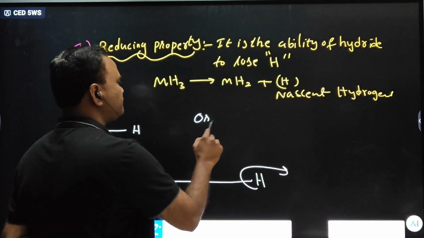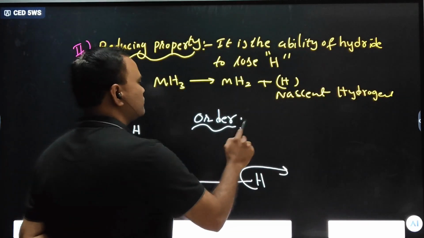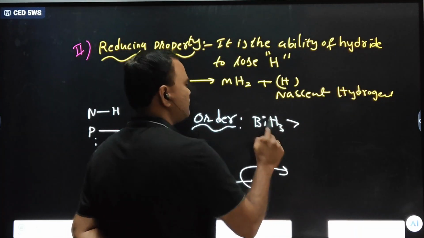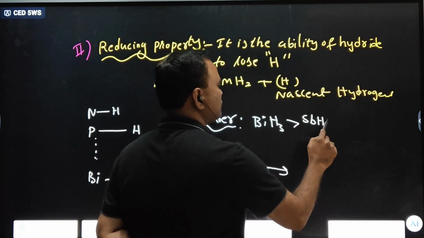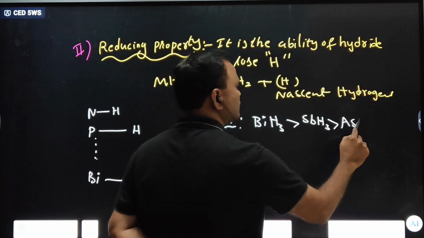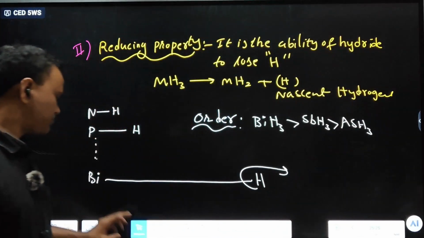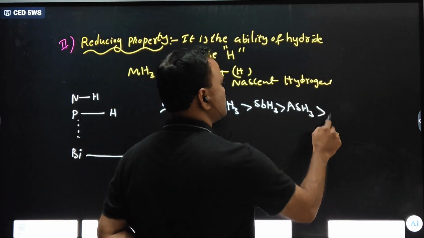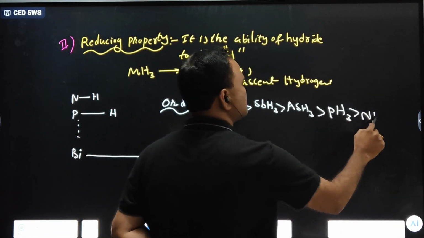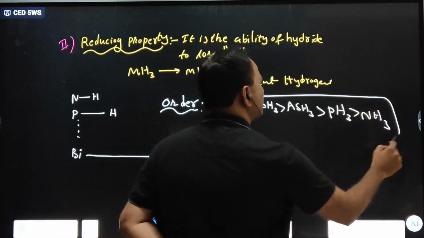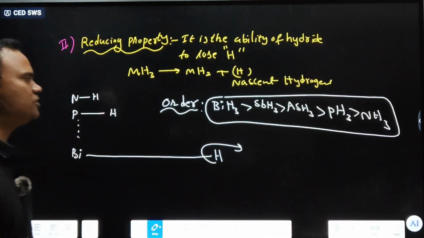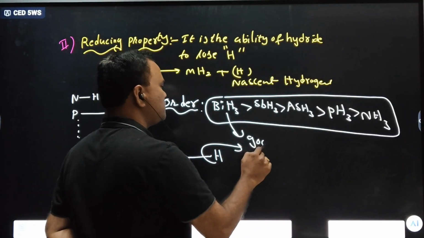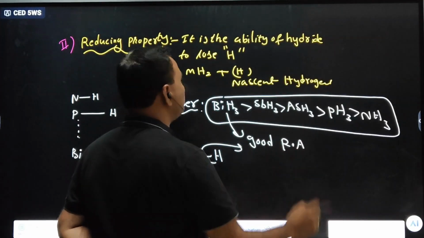So the order is reverse to stability. BiH3 is a good reducing agent. RA stands for good reducing agent.